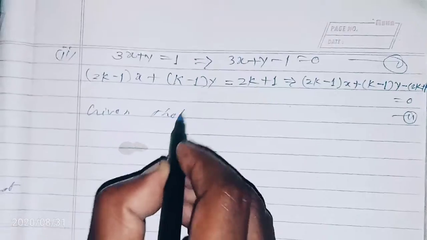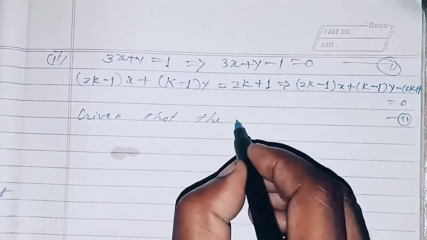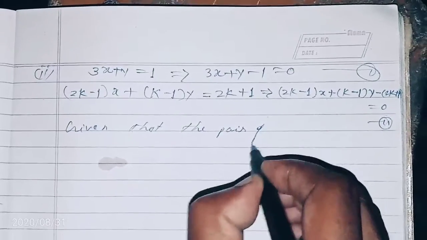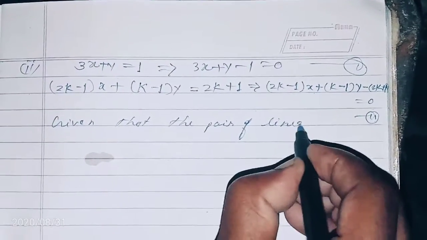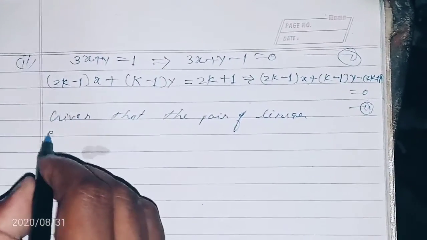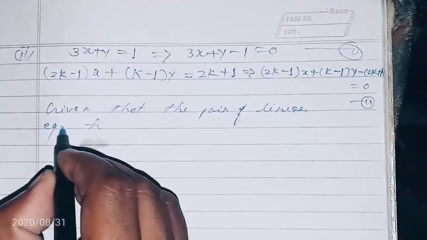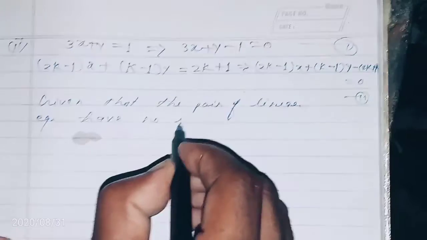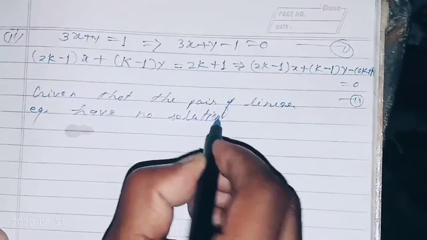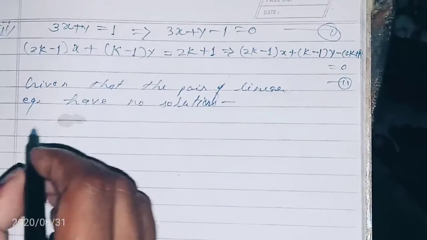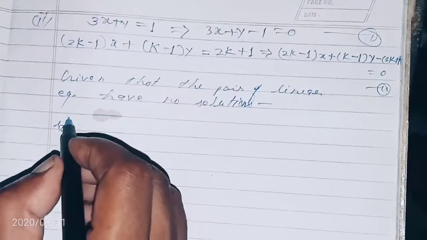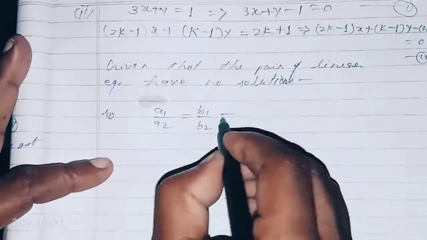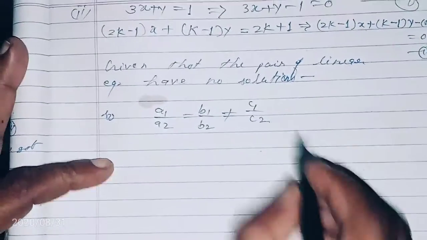Given that the pair of linear equations has no solutions, so a1 upon a2 is equal to b1 upon b2 is not equal to c1 upon c2.